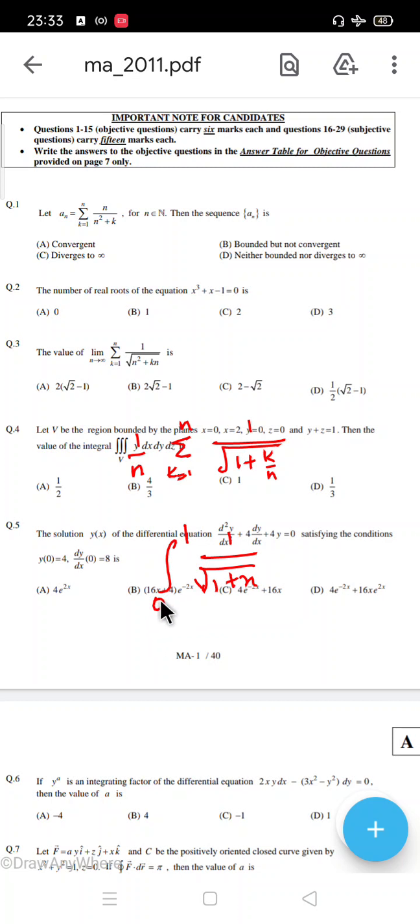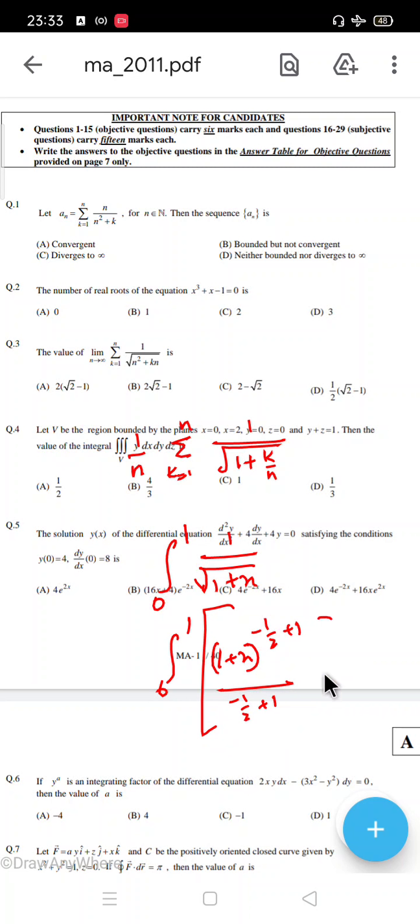Yes, 1 upon root of 1 plus x, how will you do that? You can do one thing. This is the integral from 0 to 1 of (1 plus x) raised to minus half, so (1 plus x) raised to minus half plus 1 upon minus half plus 1, from 0 to 1.